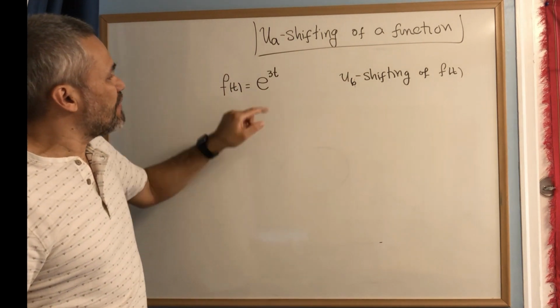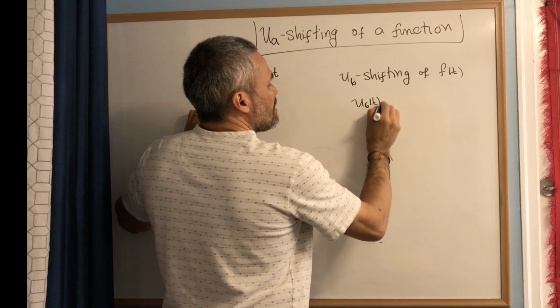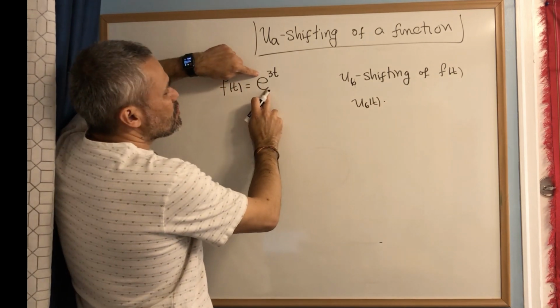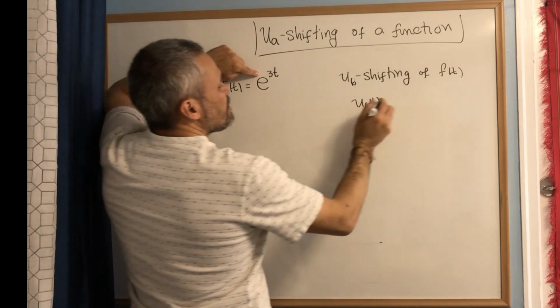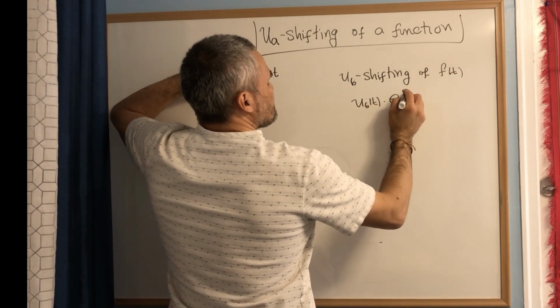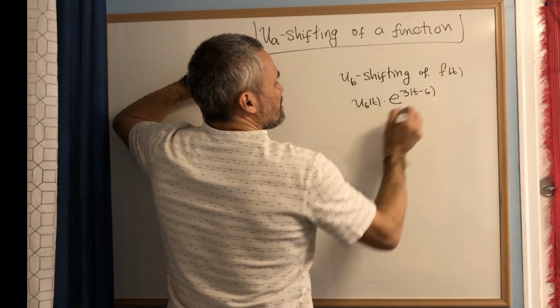What do we do? The definition is that we have the function u6 of t and we multiply by this function, but instead of t, we change it to t minus 6. Then we have e to the 3 times (t minus 6).